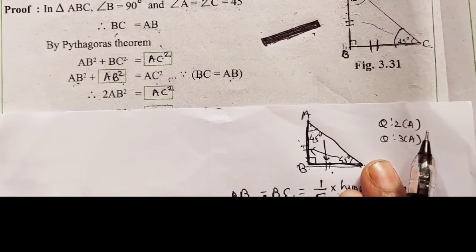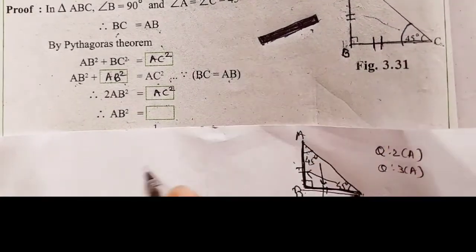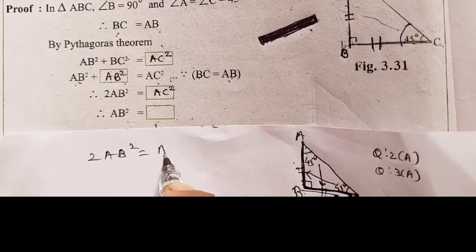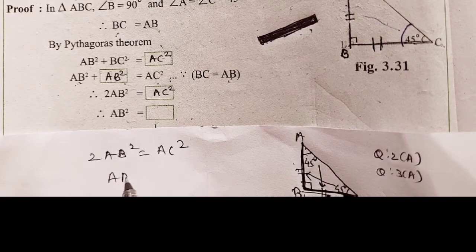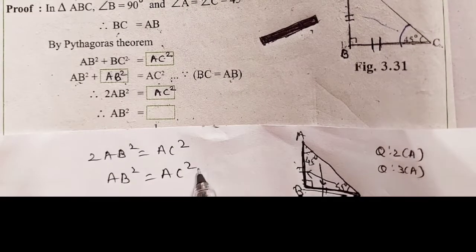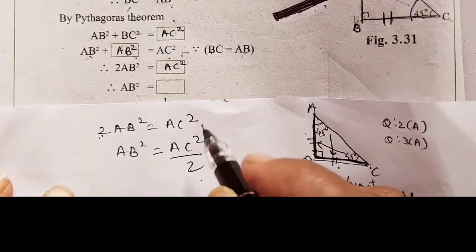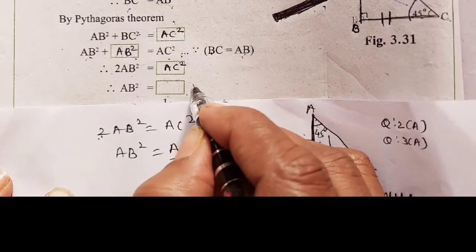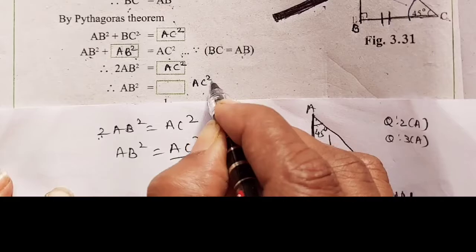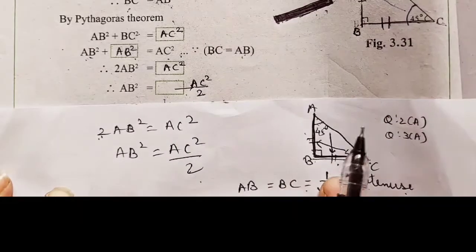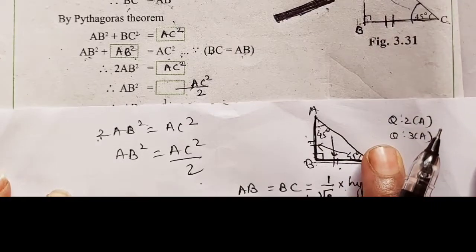Now, we know twice AB square is equal to AC square. So AB square is equal to AC square upon 2. This 2 will be here, right? So we write AC square upon 2.